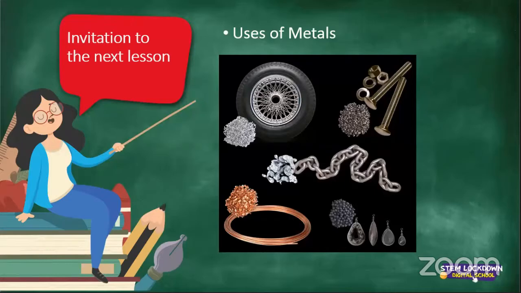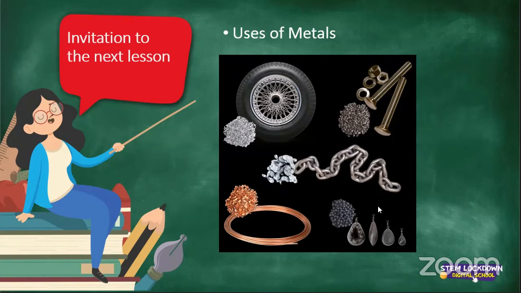I'm sure you've learned in previous lessons how to build car axles, because I've seen it. The axles go through the hole in the tire, and your car sits on it. Then you have metal chains and nails, all made out of metals, and with your nails you need bolts.